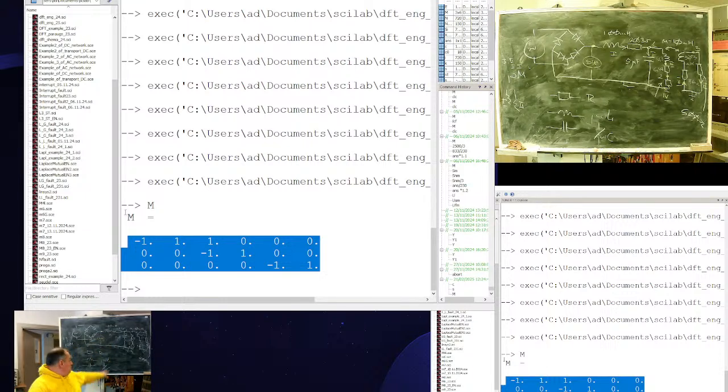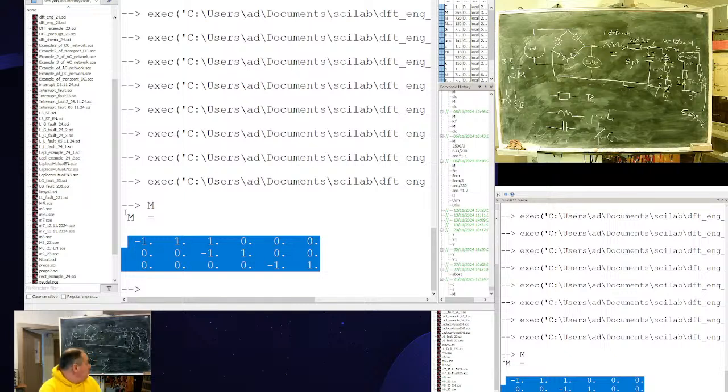R plus j omega L. For the second branch, 1 divided by 5e-6 multiplied by j omega, capacitance in microfarads.